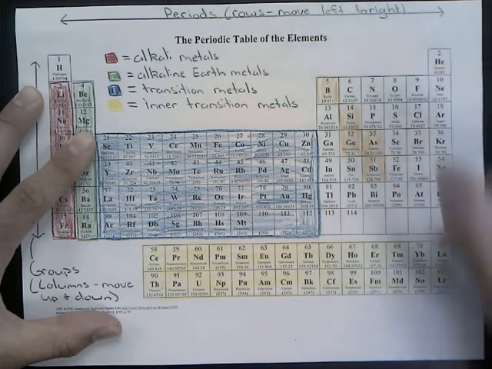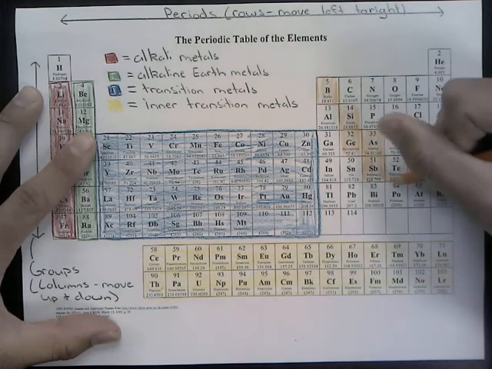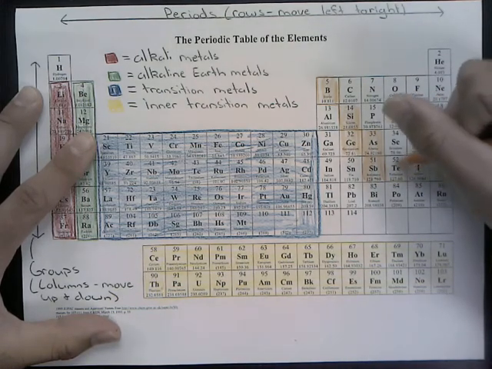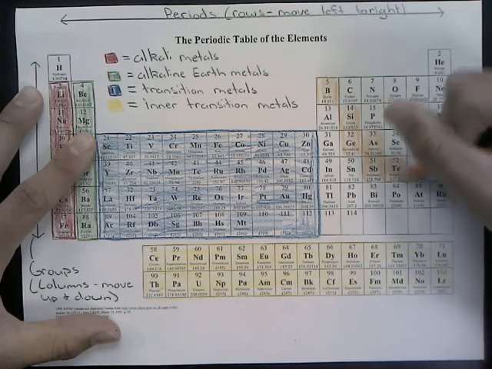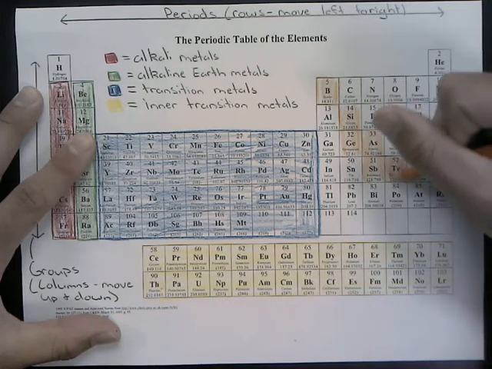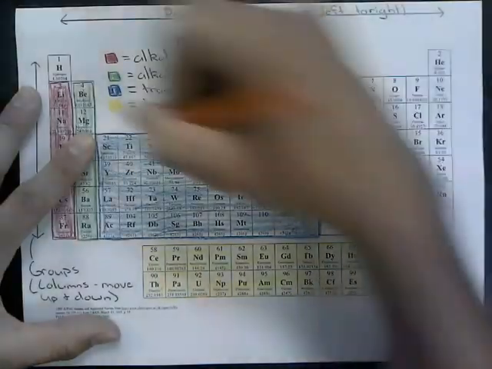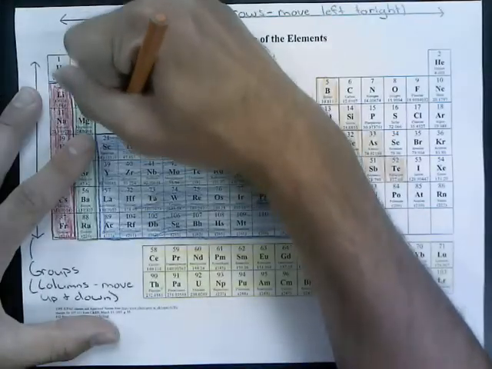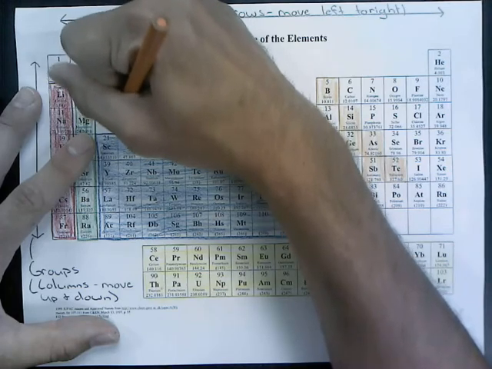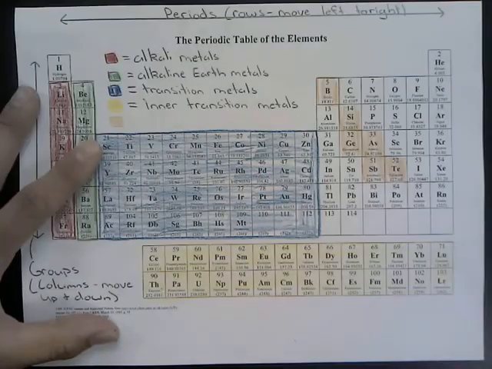And then our last metalloid here is beryllium. So again, orange here, what I just highlighted in orange, these are the metalloids.